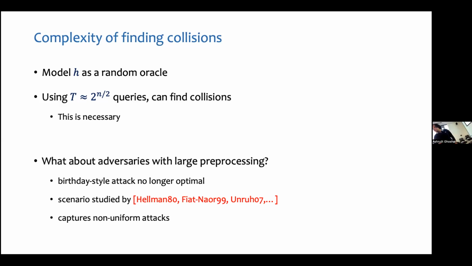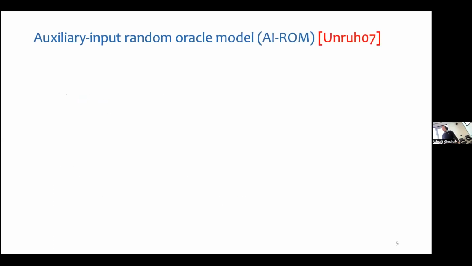In particular, this captures the class of non-uniform adversaries, something that we often care about in theoretical cryptography. The auxiliary-input random oracle model introduced by Unruh captures the power of these preprocessing adversaries against random oracles.